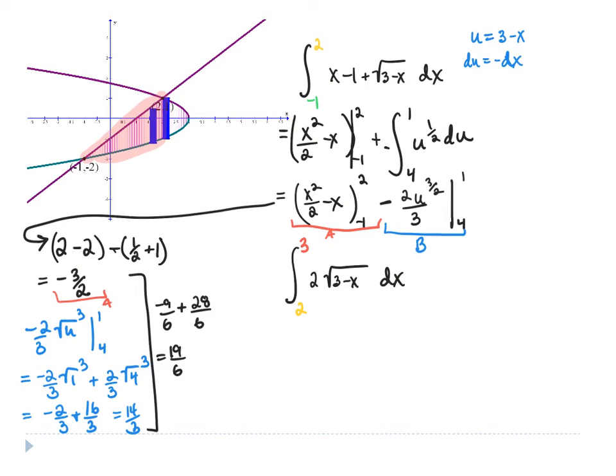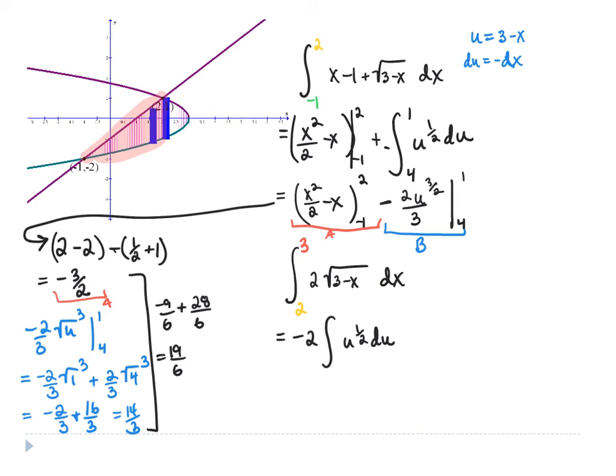Okay, now I need to do the second part. The second part shouldn't be too tricky though, because we've already dealt with the u substitution and changing the bounds and everything up here. So we'll need to change our bounds. -2 integral u to the 1/2 du, but now we're plugging these different bounds into our u substitution.